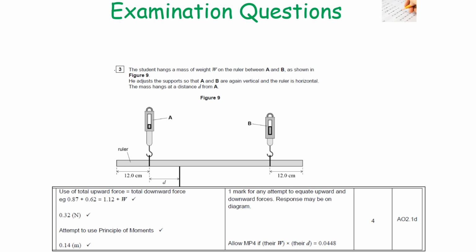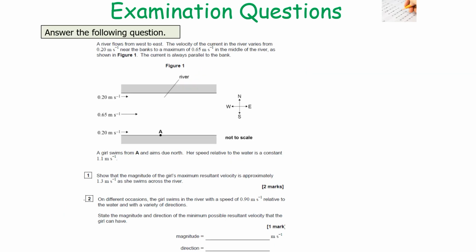So remember, to work out a moment, it's force times distance. So you work out the clockwise moments and the anti-clockwise moments, and with that you can work out the distance of the object from A. Now, because we're working out the distance from A, it's probably best to take the moments from A as well. So you can do that and you get an answer of 0.14 meters. Let's have a look at the next question.